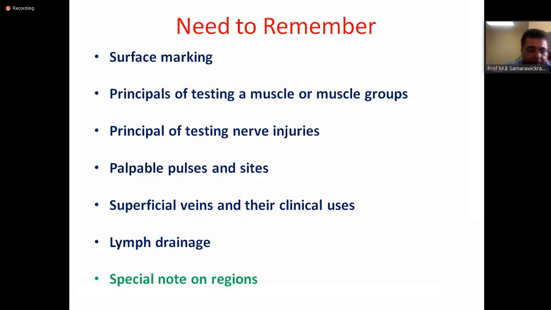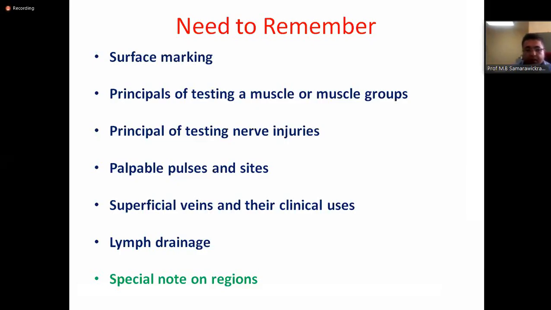That's relevant to you for second MB, and even when you're going for your finals, you have to remember these things. Then the principle of testing nerve injuries, you must know, because these things will come in your MCQs, essays, and then viva, everywhere, right? Then palpable pulses, and where these arterial pulses are palpable.